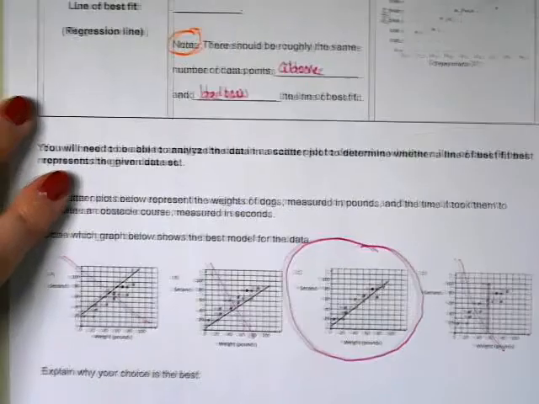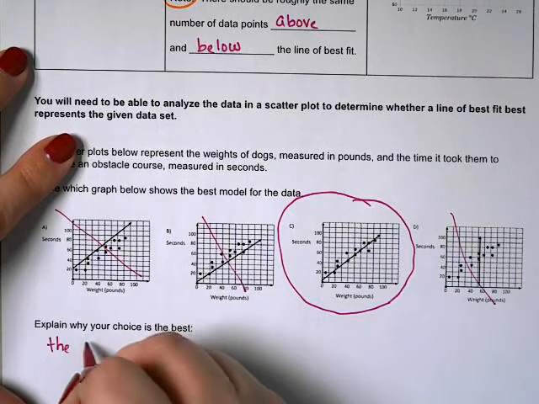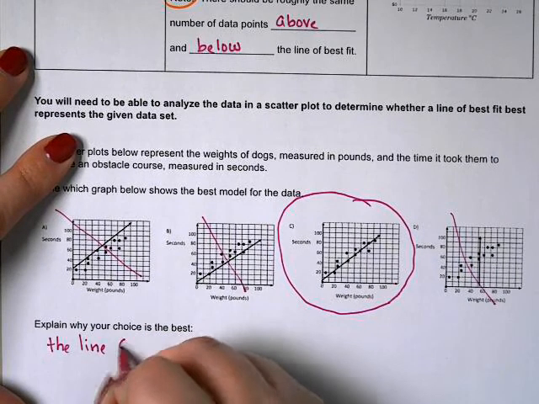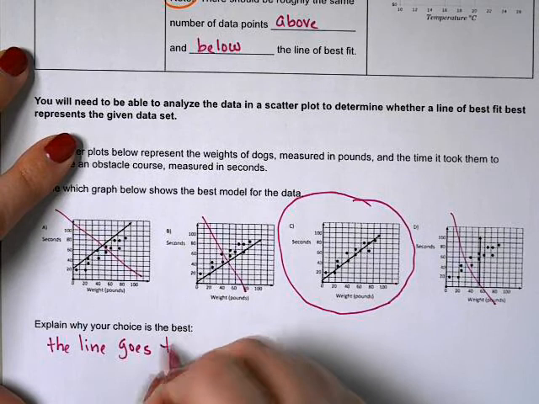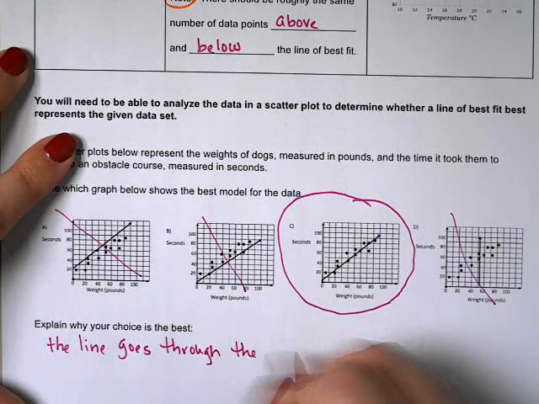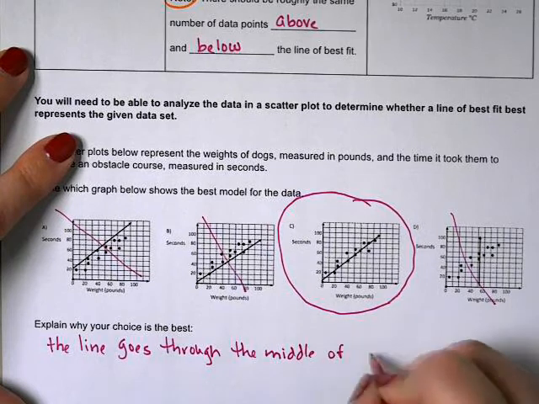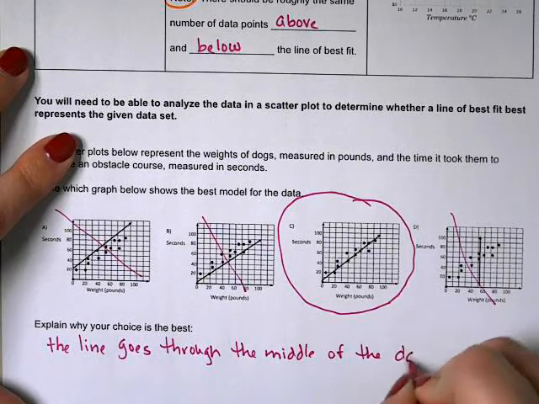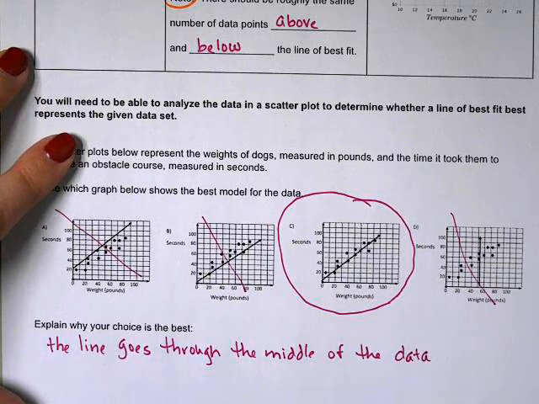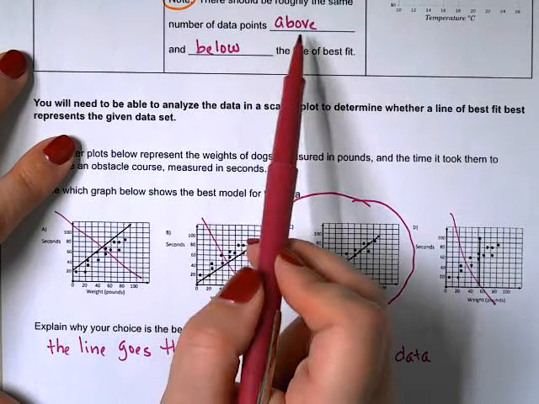And the reason that it's the best is because the line goes through the middle of the data. And so really, we're talking about there's roughly the same number of data points above and below.